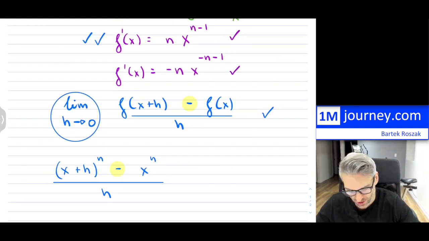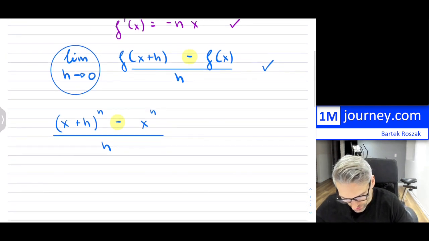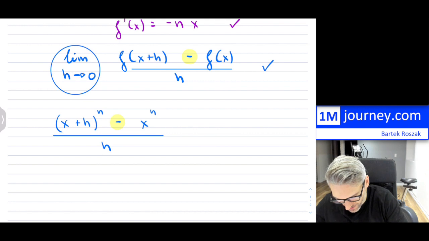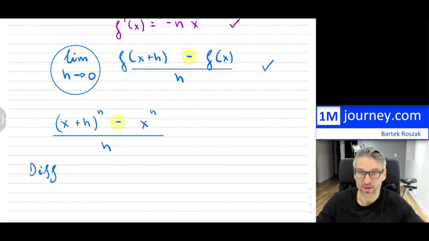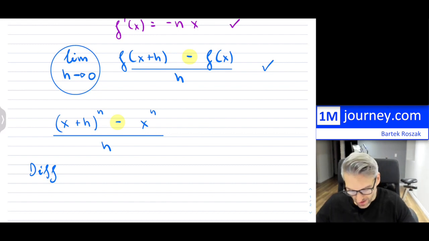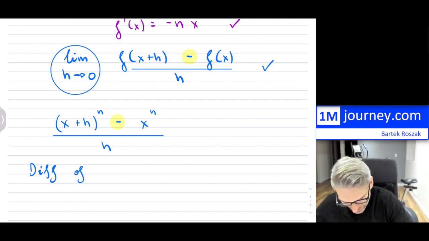It's not really a trick. You just have to remember the difference of squares, difference of cubes, and then the general difference of the nth degree.